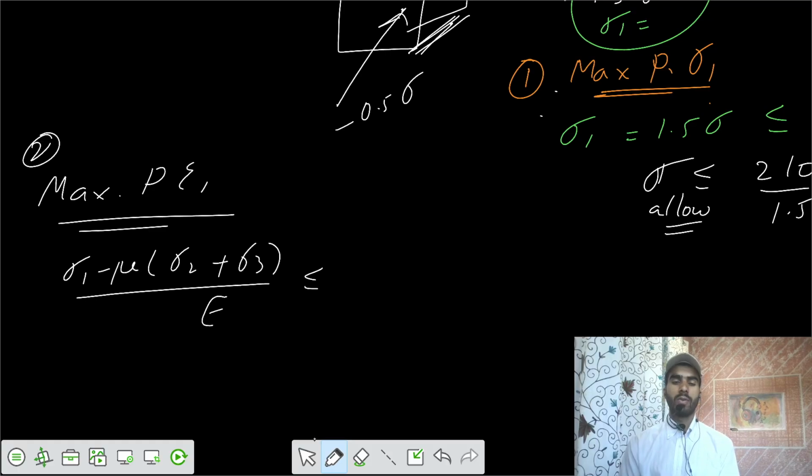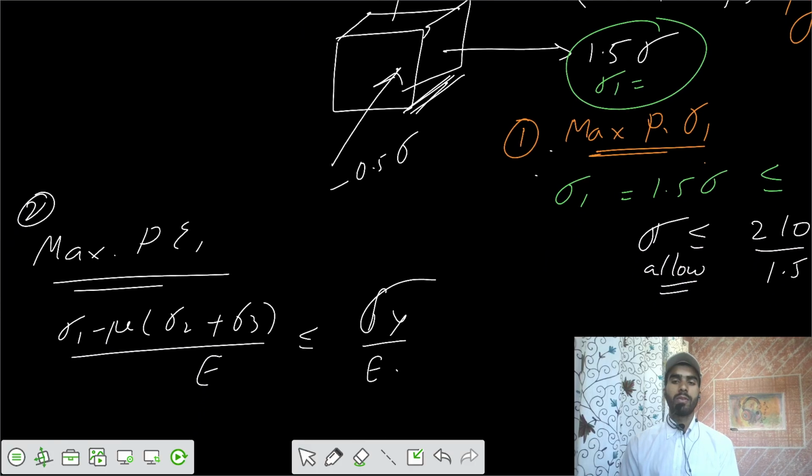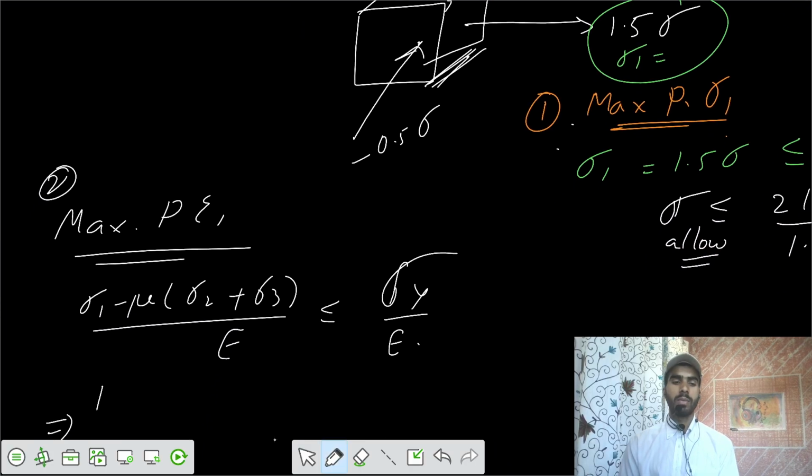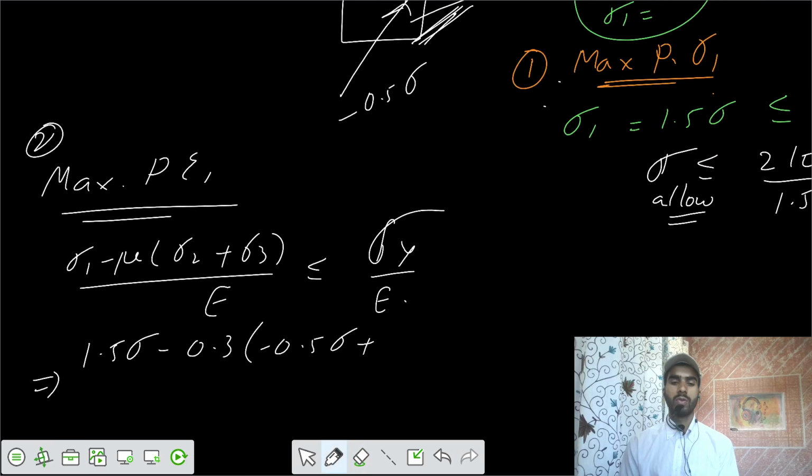That should be less than or equal to Fy by E, that means sigma y by E. So you substitute the values. This value of sigma 1 we can use equals to 1.5 sigma, minus mu 0.3 times sigma 2, which is minus 0.5 sigma, plus sigma 3, which is positive sigma. That should be less than or equal to 210.